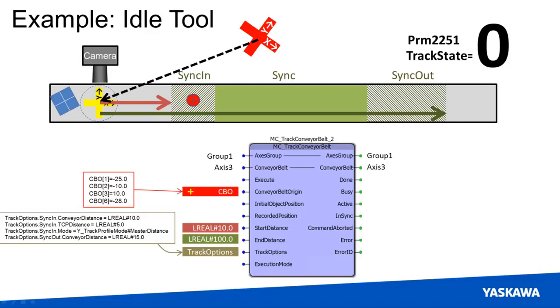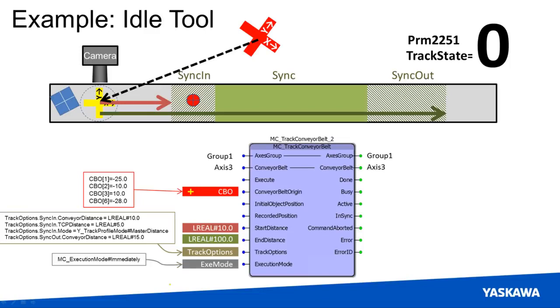I want to use mode master distance, which means if I happen to start and the part's already in the sink zone, then the effective sink in is going to move along with that part. And on the output side, I still need to define a conveyor distance, and that is going to be 15 units. If we're still in conveyor tracking, when we hit 100 minus 15, so 85 units from the conveyor belt origin, then we will begin syncing out.